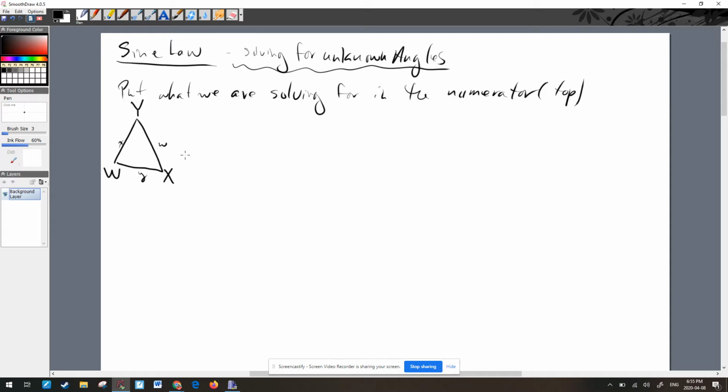Now, if I'm looking for an angle, I'm going to have this variant: the sine of A over A. You don't have to have this variant, but this makes it easier. Sine of A over A, sine of B over B, equals sine of C over C. Now, in this case, I labeled it like this, but it doesn't really matter what these letters are.